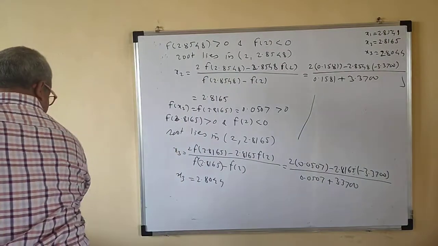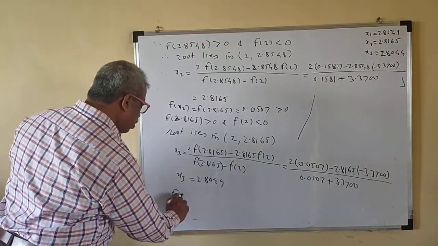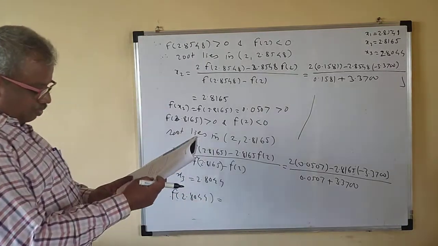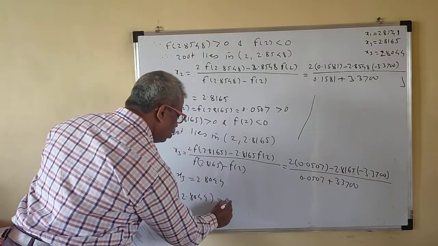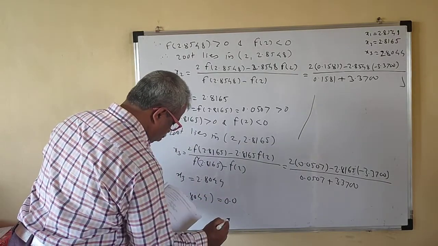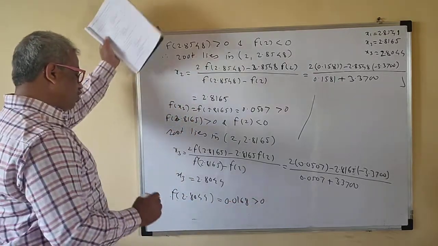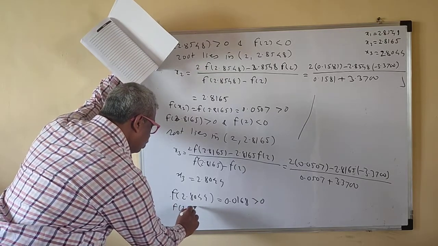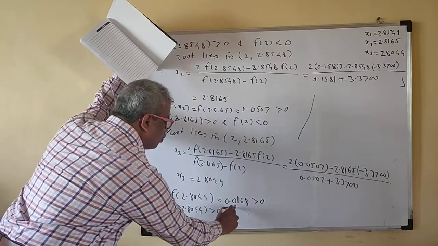Okay. I will find the value of f of 2.8044. I got this value as 0.0168. This is positive. So f of 2.8044 is greater than 0 and f of 2 is less than 0.